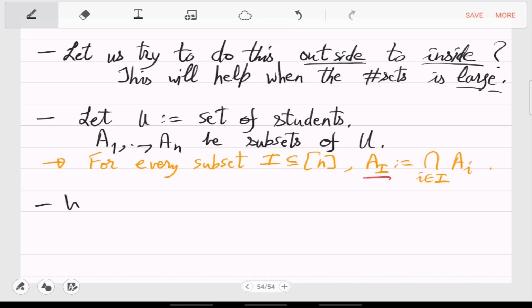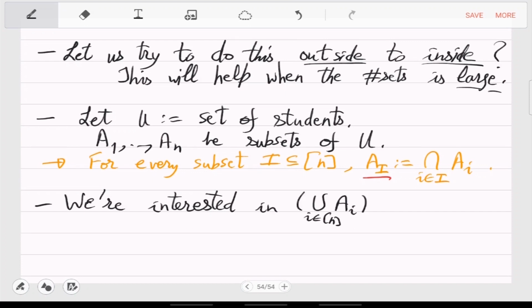So what we are interested in is the union of AIs and things outside it, so the complement, or in other words, U minus the union of AI.